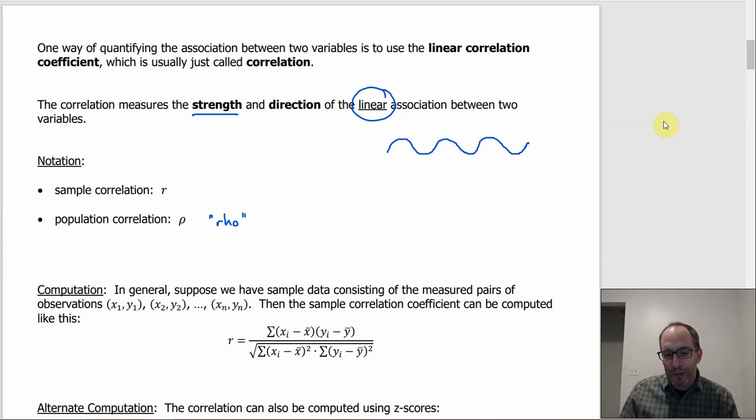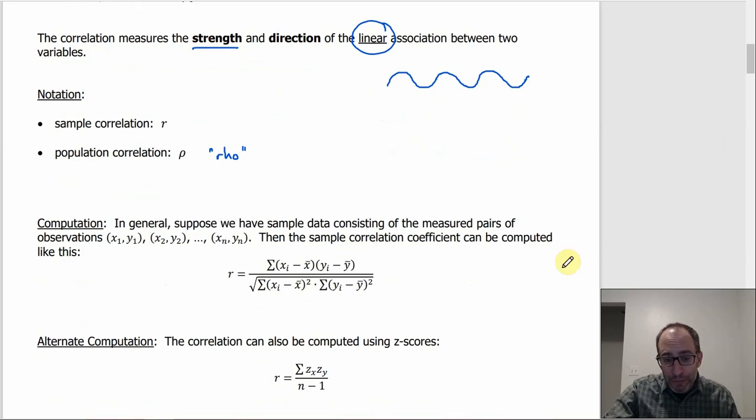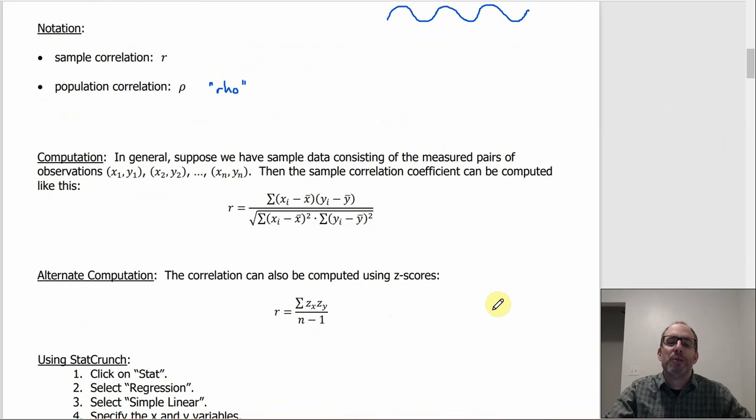If you were going to do the correlation computation by hand, there's a way to do it. I wouldn't recommend that, but you can. So it's that. Basically. There's an alternate way of doing it, which if you're going to do it by hand would actually be easier. We're never going to do it by hand. If you look at what these are, the z sub x and z sub y are really z-scores, because since you have two different variables, each variable, at least within your sample values, you'd be able to compute a mean and standard deviation.